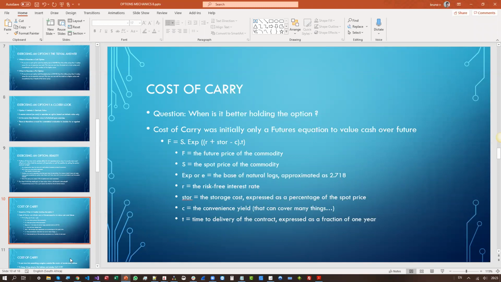And when you talk about futures, and let's say index futures, the relationship between the cash, or the S in this equation, the current price of the underlying, and the future price is generally the cost of money.